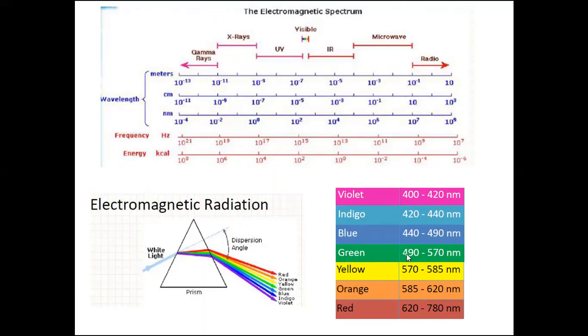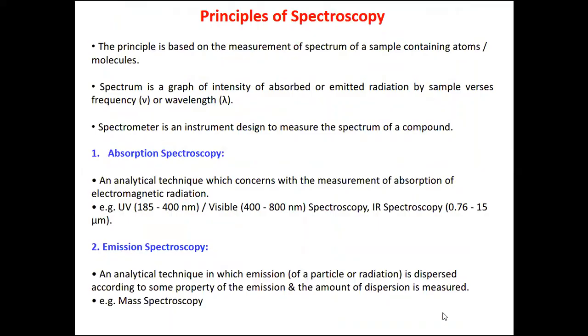For green, it is 490 to 570 nanometers. For yellow, 570 to 585 nanometers. For orange, it is 585 to 620 nanometers. And at the uppermost, red is 620 to 780 nanometers.